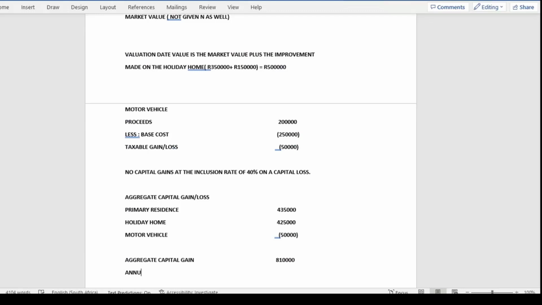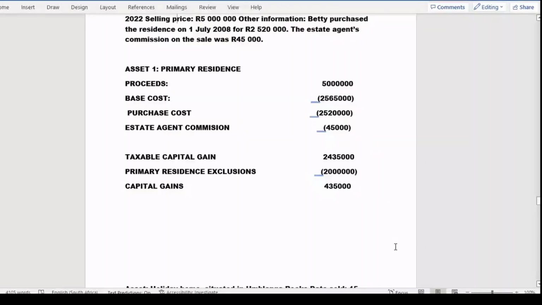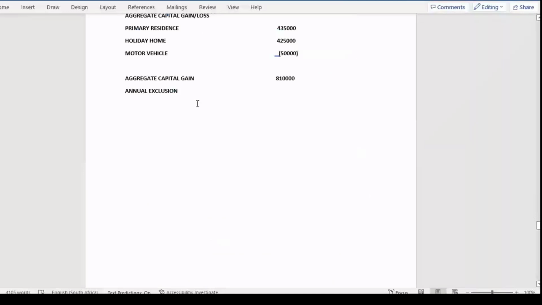Right, and then you're going to include the annual provisions. Hold on, I just want to check on something. Here, I think, okay, it doesn't have a provisions. So the annual exclusion is, as we always, limited to 40,000.